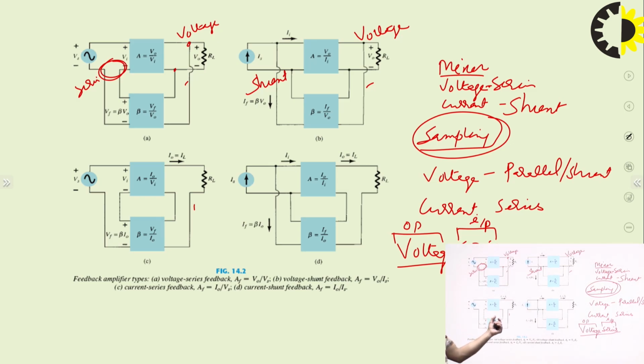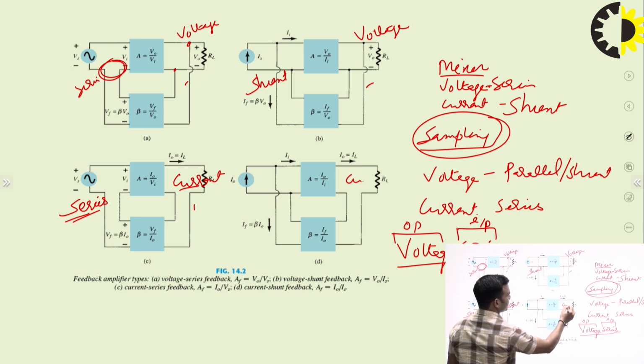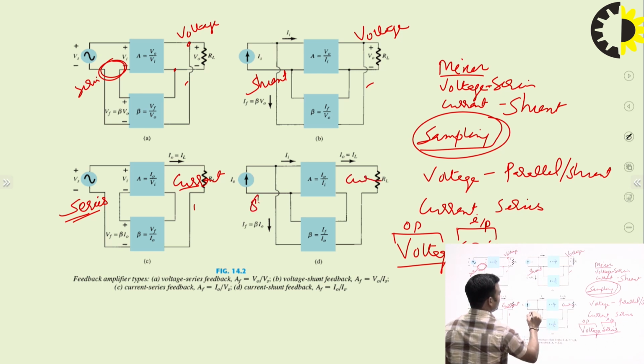If we see here, the output side is current. Sampling of current is done, and the input is in series. So its name will be current series feedback amplifier. If I talk about this, here it is current and shunt.